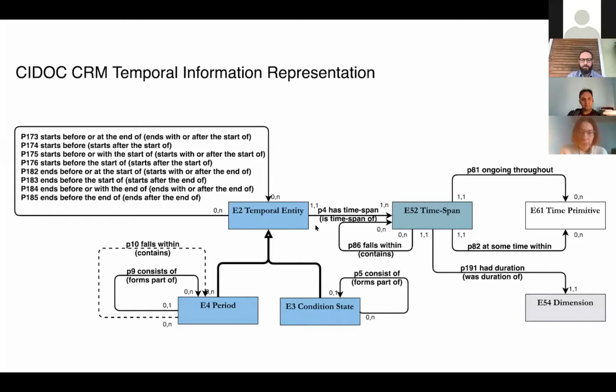And then for anything that's in time, you can talk about its time span, and you can talk about when it's definitely happening or when it was probably happening. You can talk about general durations, and then you can talk about parthood of time. So P9 consists of says that there's a proper part of some sort of event, as opposed to falls within, which is a relative part, an inclusion.